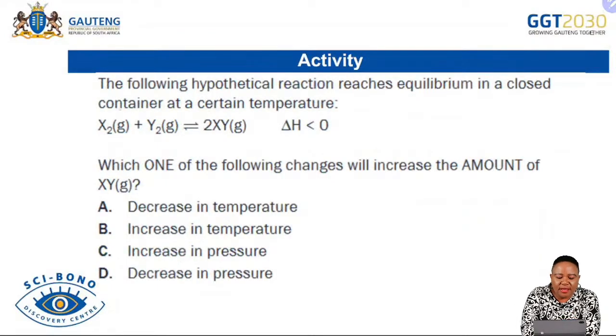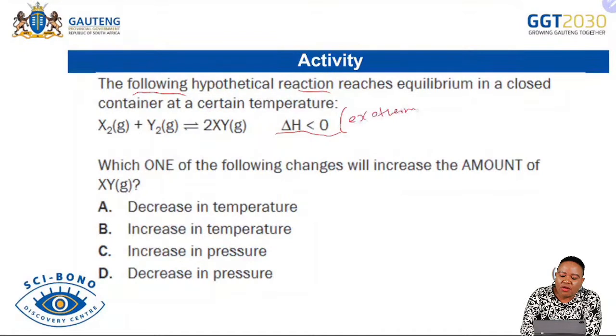Now let's look at this activity. The following hypothetical reaction reaches equilibrium in a closed system. X2 gas plus Y2 gas give you 2XY gas, and we can see here our heat of reaction is what? Is less than 0. So already we know that this is an exothermic reaction.